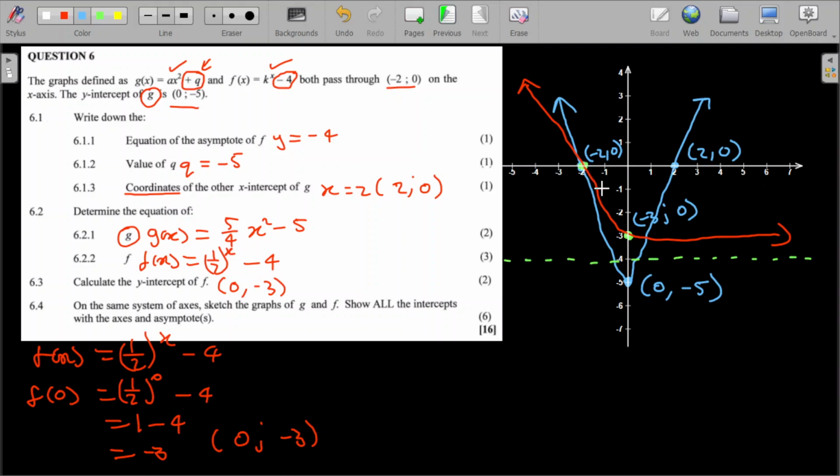It's very important to indicate all the coordinates in your graph, and also this is y equals -3.